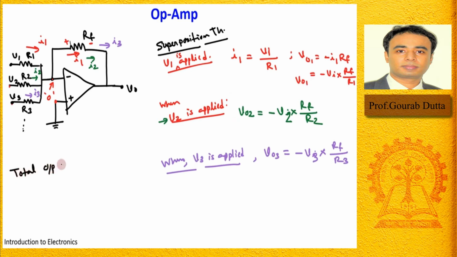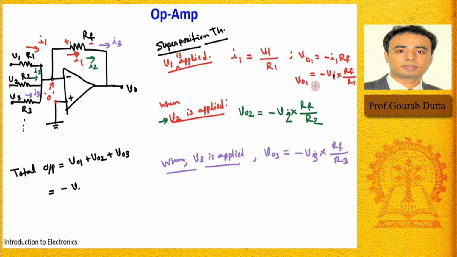Then what is the total output? Total output is V01, V02, V03, right? Now if you add all this stuff, this will also be V1, right?